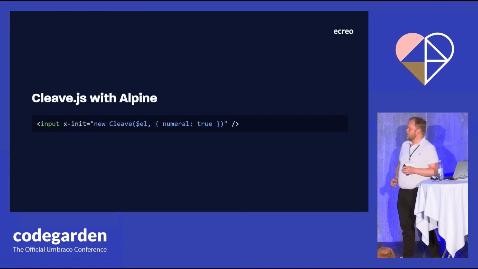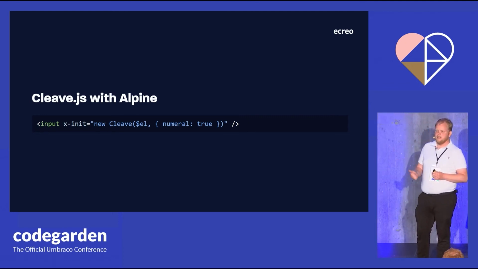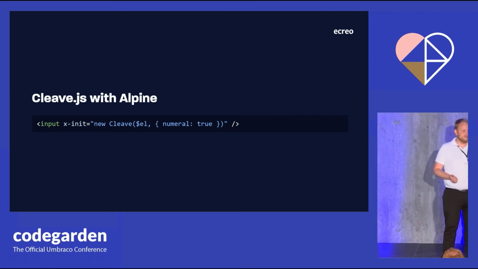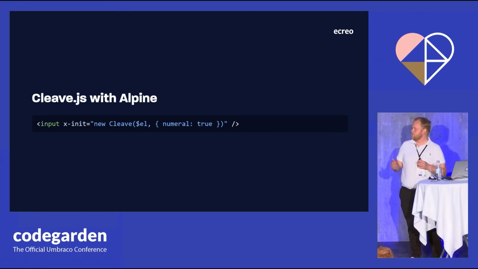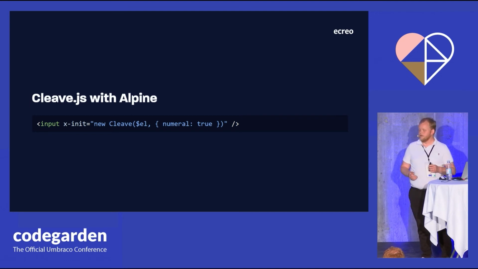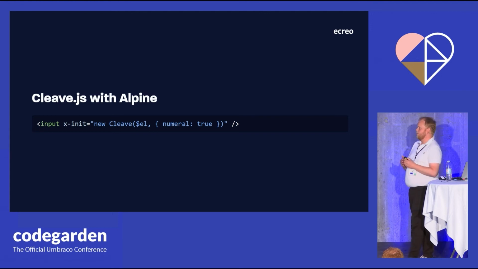So in Alpine instead, we simply add the x-init attribute, and then we create the Cleave object in here. There's this $el magic property, which is simply just the element that it's working on. So here we then have our orchestration in the markup.